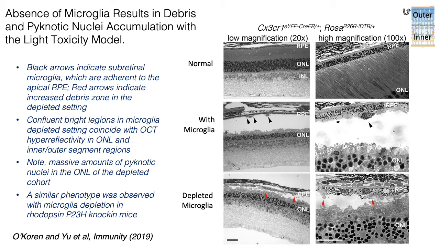But this is in stark contrast with the depleted state, in the absence of microglia, where there's a massive debris zone shown by the red arrows, as well as a large accumulation of pyknotic nuclei in the outer nuclear layer. So in the absence of microglia, there seems to be a very large buildup of debris, including photoreceptor debris, as well as photoreceptor soma.